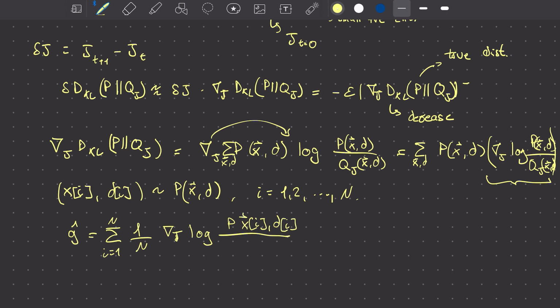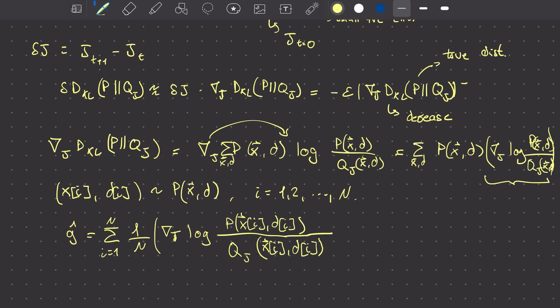There's gonna be an i here, and then it's gonna be the same, but for our distribution. Okay, and therefore this is gonna be our estimator, and due to the law of large numbers, for a large n, this should be a good approximator for the average of P.